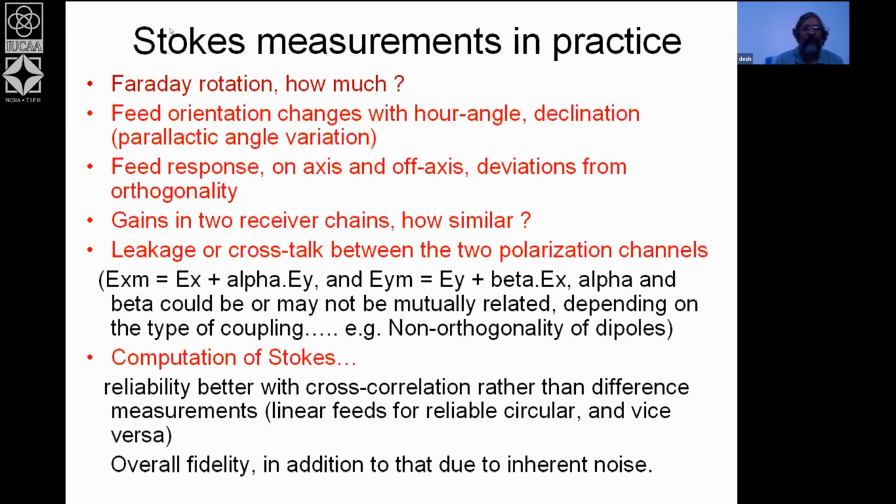So the change of orientation of the way I sense it actually has a formal technical name, called parallactic angle, and it varies as a function of time about the horizon, and that also depends on both the declination of the source as well as the observer's latitude.